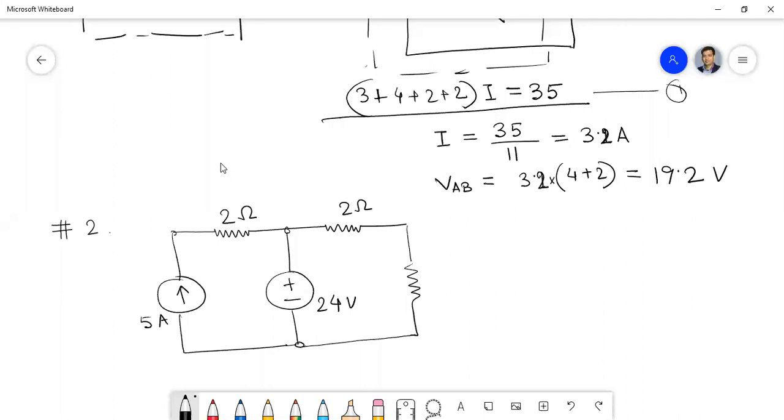Okay, so let us take this is node 1, this is node 2, and this is node 3.